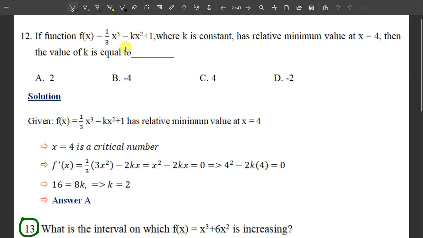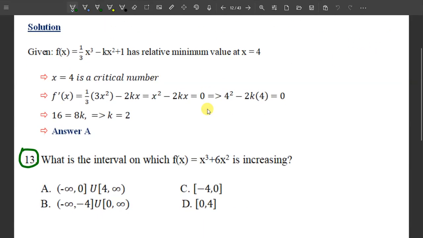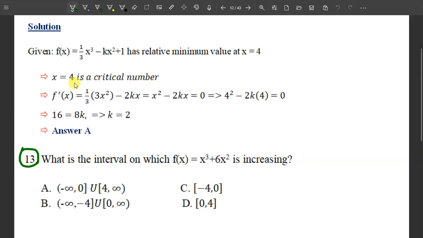Therefore, what you have to do is differentiate this one, then find the value of the derivative of this function at x is equal to 4. Here we have done it. Here x is equal to 4 is the critical number. f prime of x becomes, the derivative of this function is 1 over 3 times the first coefficient. Then the derivative of x cubed becomes 3x squared, minus the derivative of x squared, which is 2x, multiplied by k, minus 2kx.